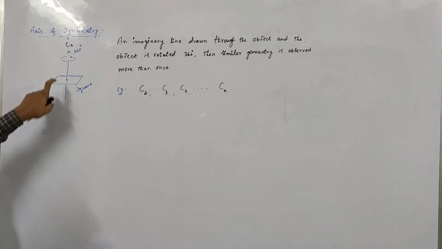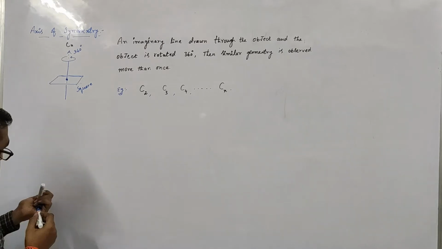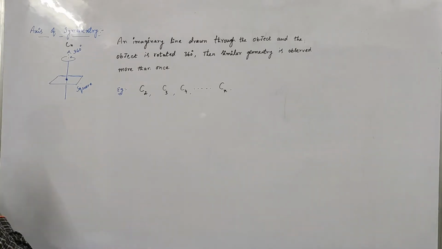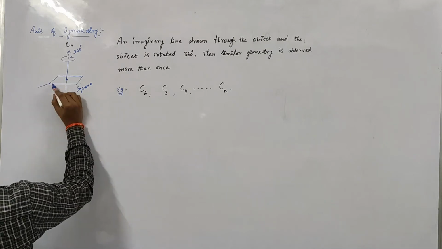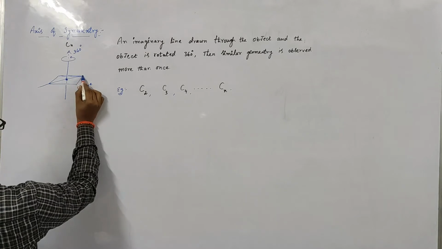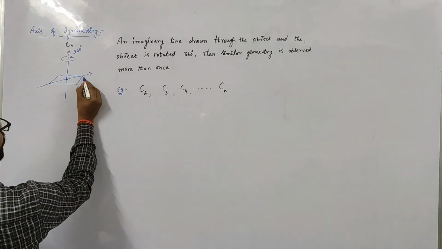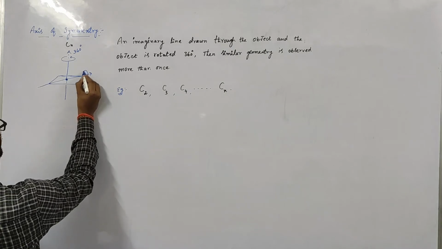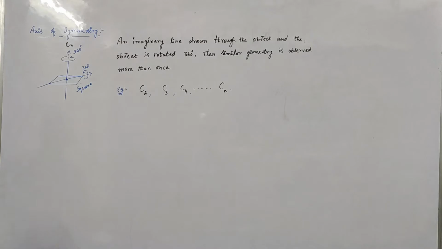If I pass an imaginary line exactly through the center point, and pass the same imaginary line over the diagonal in this manner, and rotate this square over it for 360 degrees, how many times do you get similar geometry?